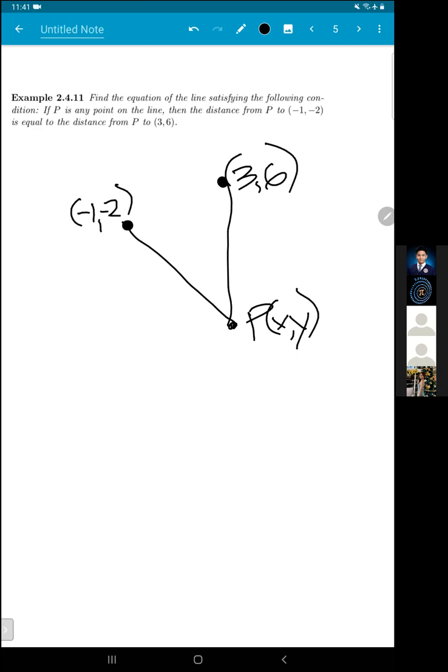So, just as with the first problem, we will set up an equation using the distance formula. Now, AP is the same as PB. They are equal in length.